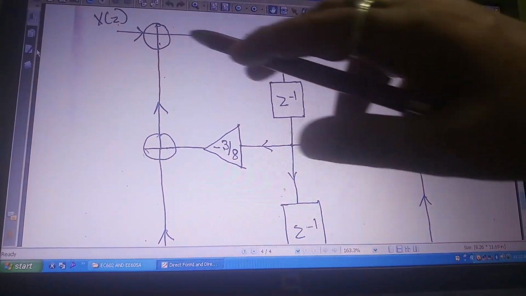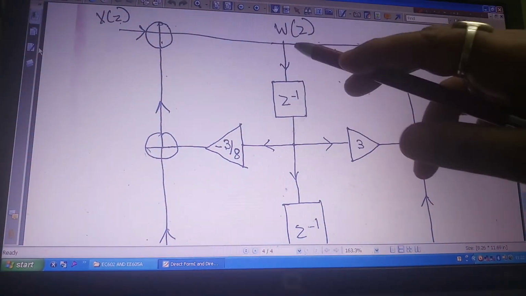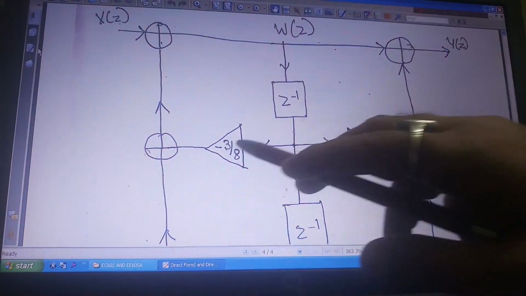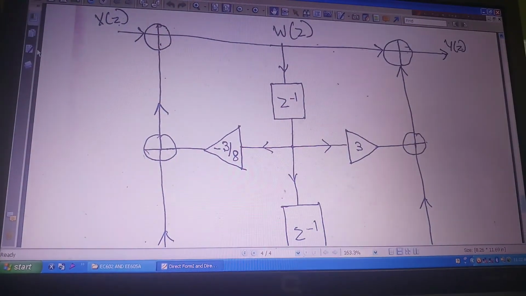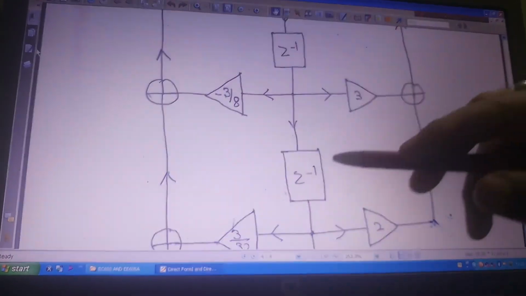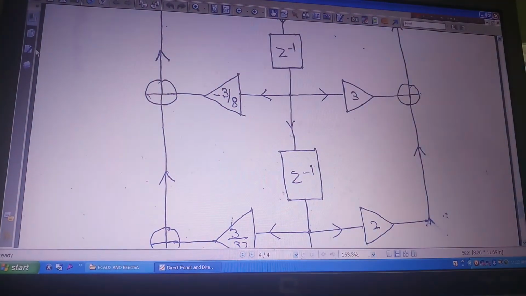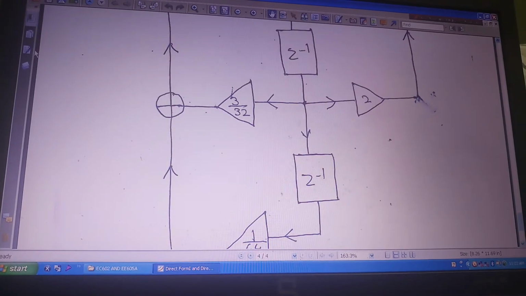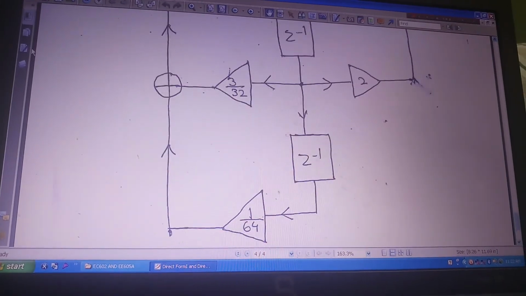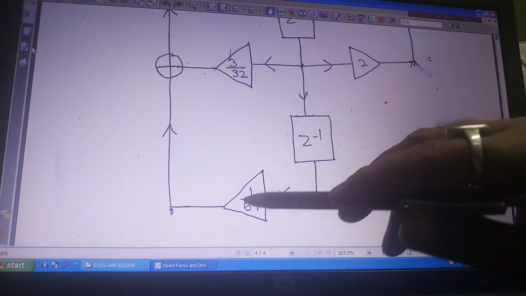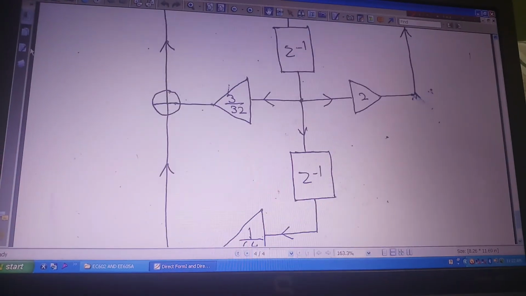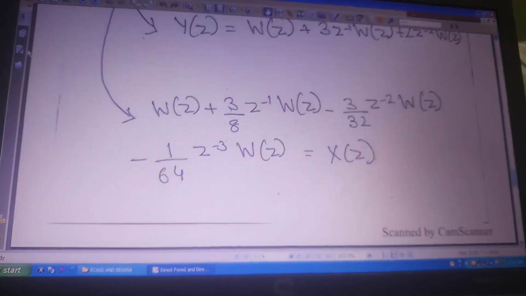So W(z) is equal to X(z) plus minus 3 by 8 z inverse W(z). Similarly, here I get z to the power minus 2 W(z) multiplied by this factor, and z to the power minus 3 W(z) multiplied by 1 by 64, and I come to this expression.